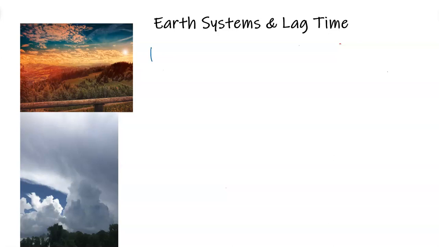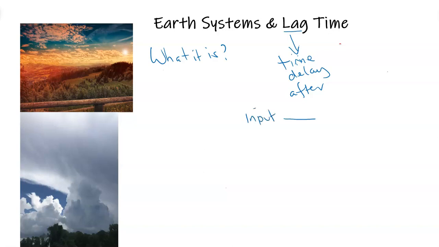All right, so let's look at what it is. Let's just look at the lag. Lag is something that happens behind or after. So there's a time difference or time delay. It's going to happen after the fact. So something happens, so there's an input, there is a time duration, and there's an output.